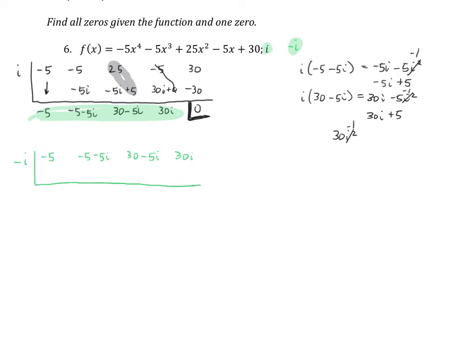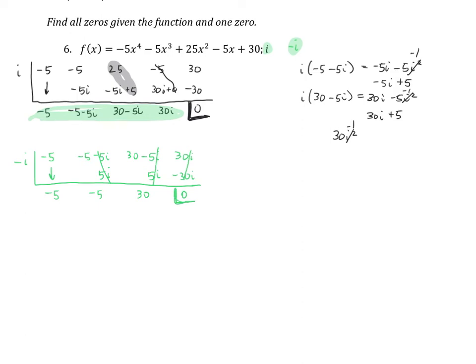This one's easier than the previous one, and you'll see why. So we bring down the negative 5. Negative 5 times negative i is 5i. Notice that these two cancel out, and we're just left with negative 5. Now, negative 5 times negative i is 5i. Again, notice that these cancel out. We're left with 30. 30 times negative i is negative 30i. These cancel out, and we have a remainder of 0. So see, that was much easier than the previous one.